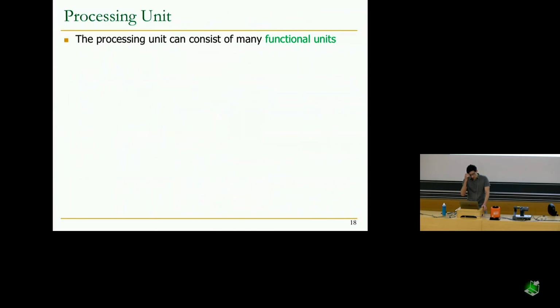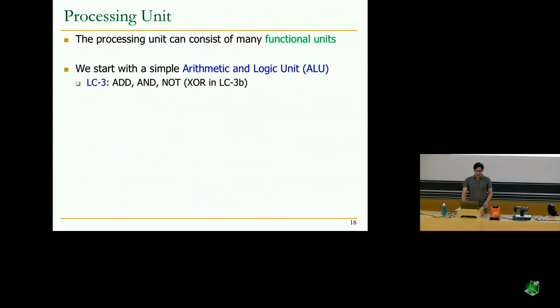But of course, because we want to start from the beginning, we are going to start considering a simple ALU, an arithmetic logic unit. In this arithmetic logic unit, we are going to be able to execute different instructions.